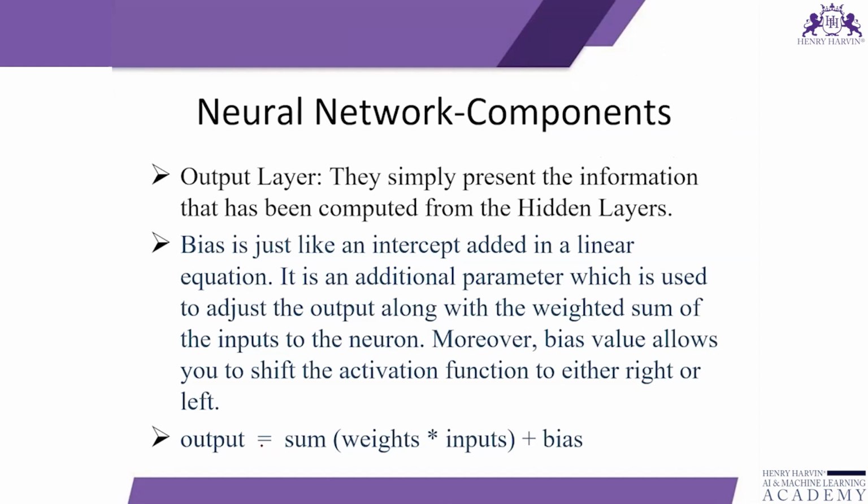So how do we calculate output? Output is equal to sum of weights into inputs plus bias. Say I have four inputs x1, x2, x3, x4 and four weights w1, w2, w3, w4. Now my output will be w1x1 plus w2x2 plus w3x3 plus w4x4 plus bias.